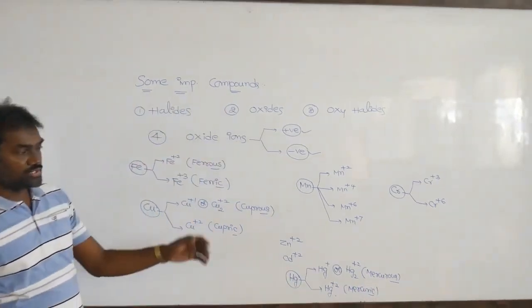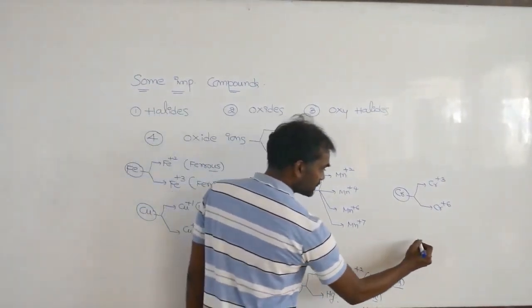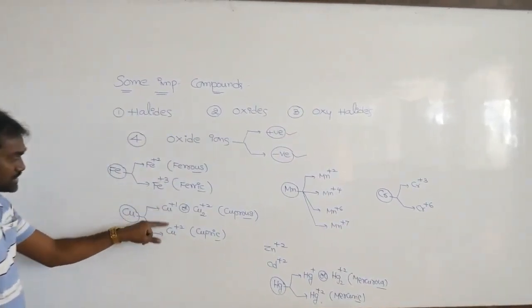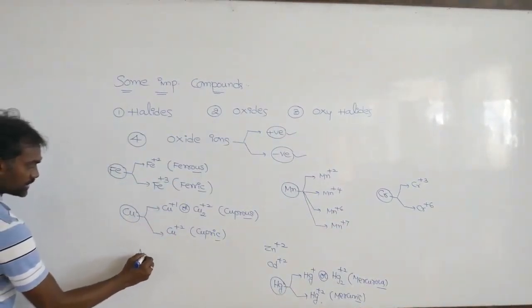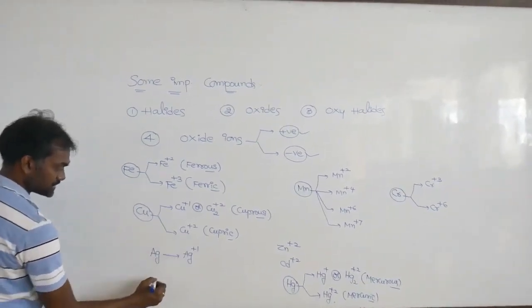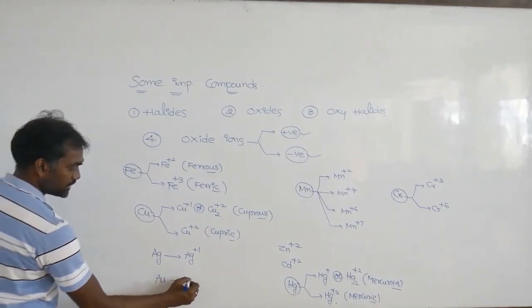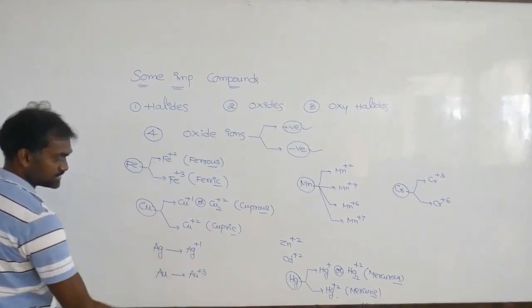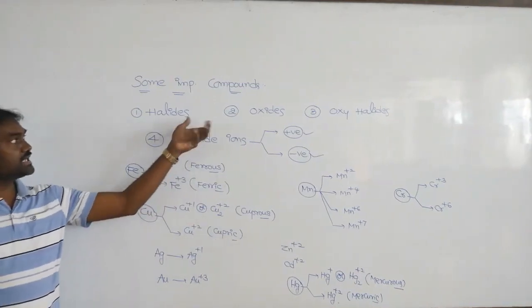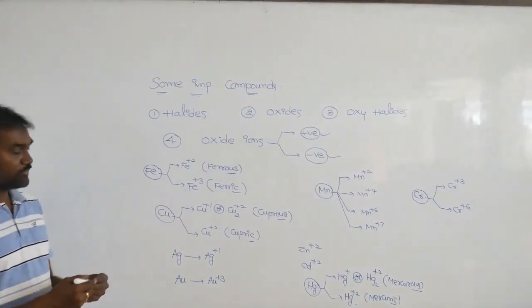Next, coinage metals. Copper, we already saw, is plus 1 and plus 2. Silver shows Ag plus 1 oxidation state. Gold shows plus 3 oxidation state. If you know the oxidation state, we can easily write all the compounds. So one by one we will see.